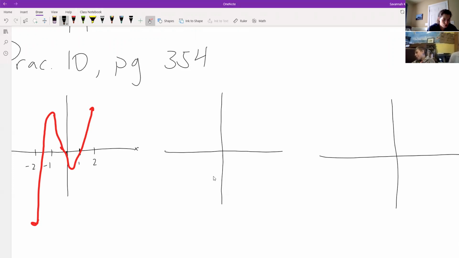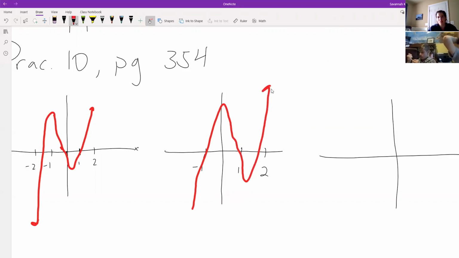Here I've got -1, +1, +2. If I expand, that probably would help. So we're going to go through 1. Okay, something like that.